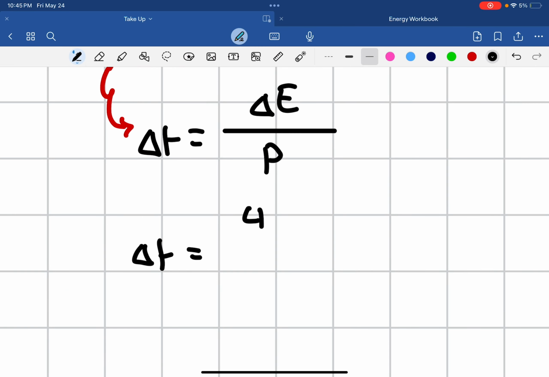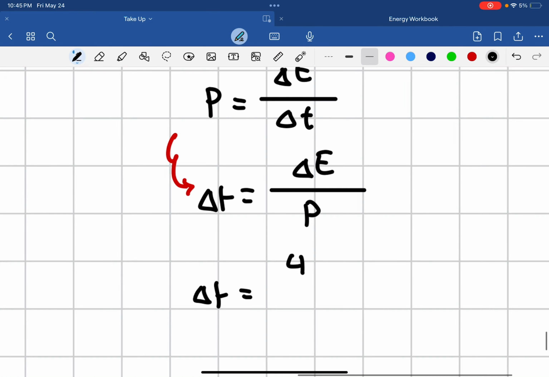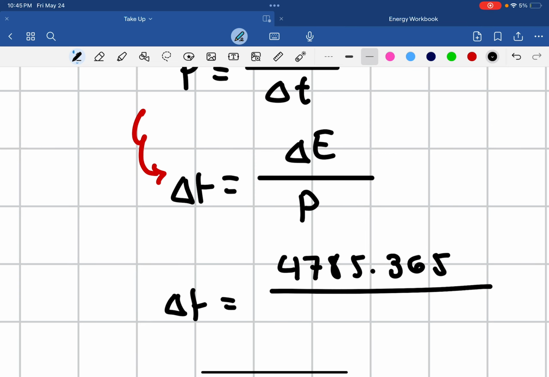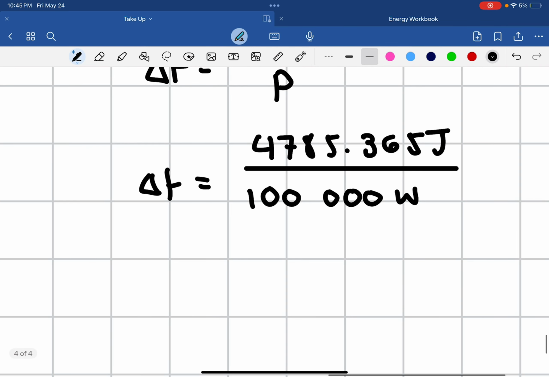So that means 4,785.365 joules over 100,000 watts. Calculate it with me.